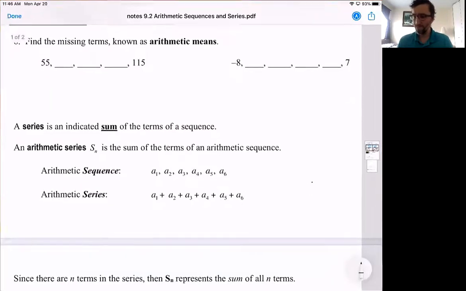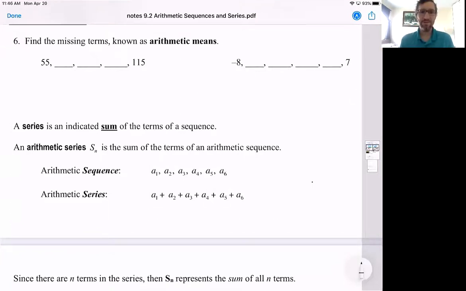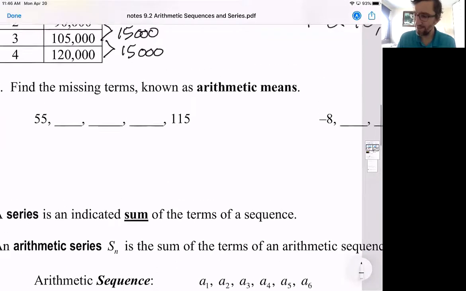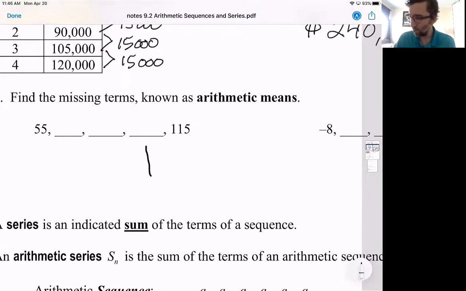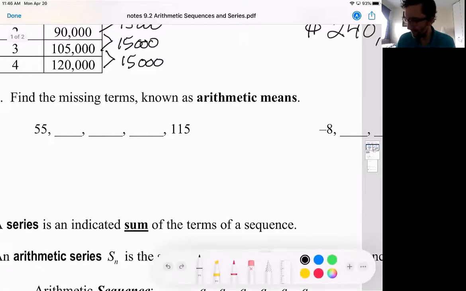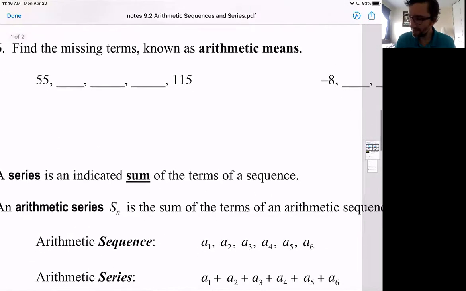Okay, so this is number 6 on the 9.2 notes, and we'll focus right here. Find the missing terms. The 3 missing terms on this first one are known as arithmetic means.